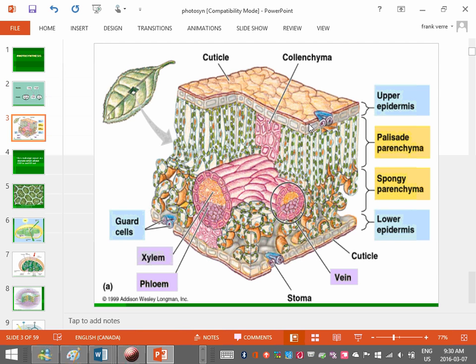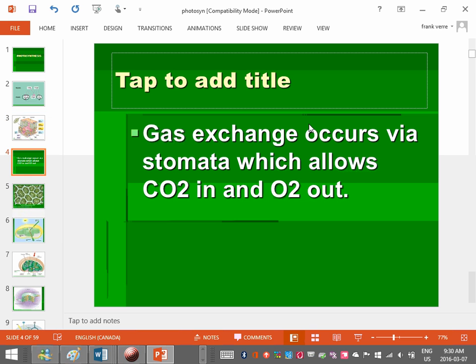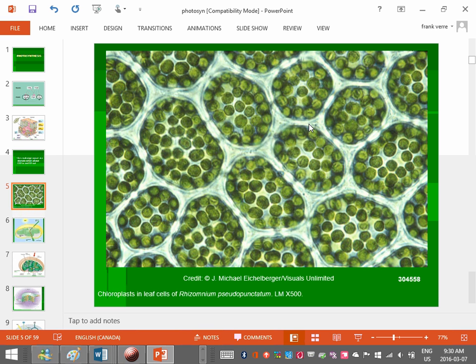So we will talk about leaves in this chapter, but I want you to understand it's not just leaves, not just plants. It's other things too. Okay? So what we're going to focus on is an organelle in the leaf, called the chloroplast.